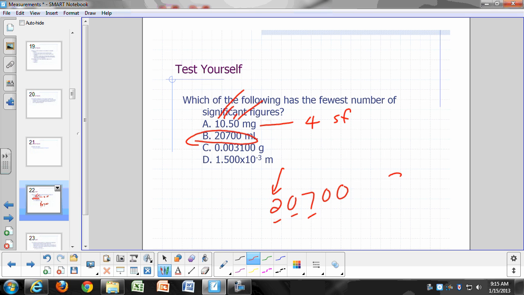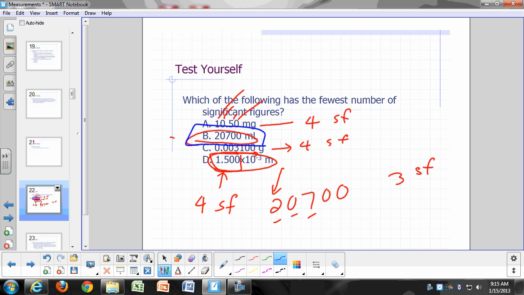So that's 3 sig figs. 0.003100, start with the 3 and go all the way to the end, that's 4 sig figs. And this one is written in scientific notation, so all the digits in the coefficient are sig figs, so that's 4 sig figs. So the correct answer is B, the fewest number of sig figs, in this case, 3.